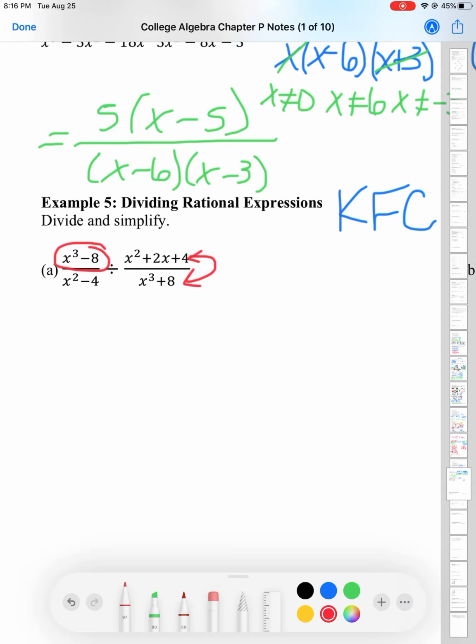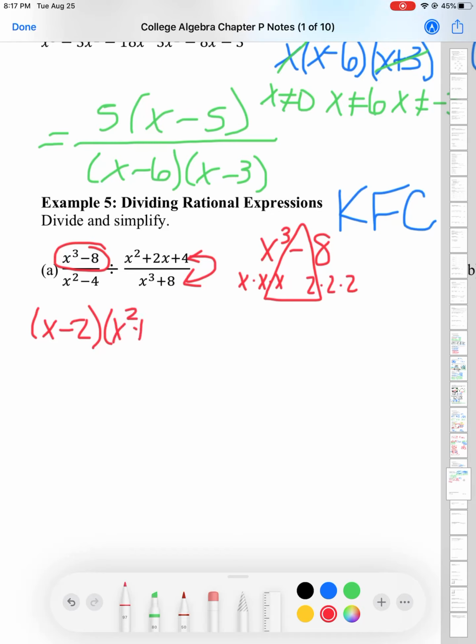Now, this is a difference of 2 perfect cubes. That's where we do the x cubed minus 8. We break down the first term. So we get x minus 2 times x squared plus 2x plus 4 over x squared minus 4.